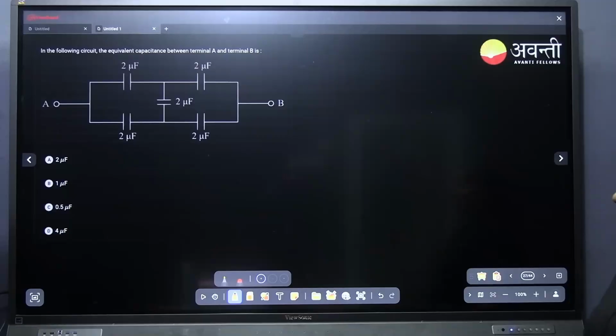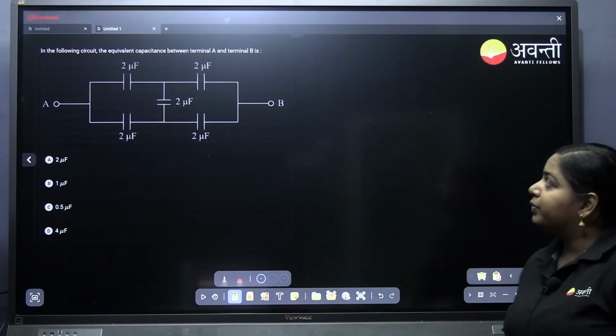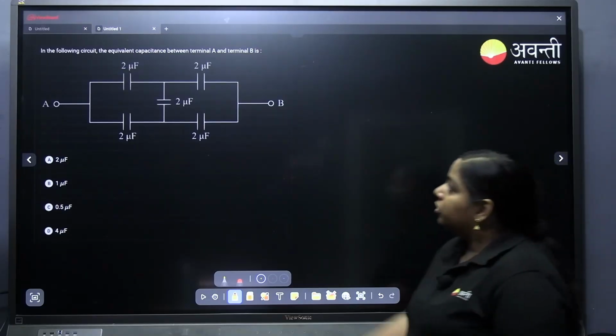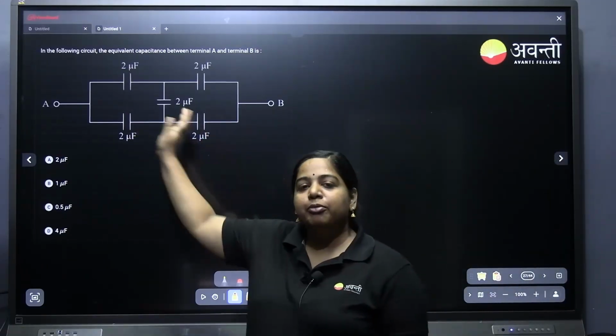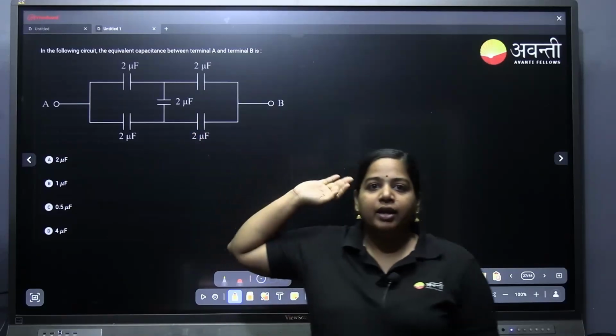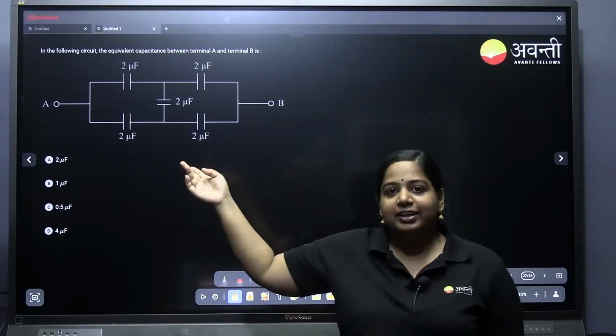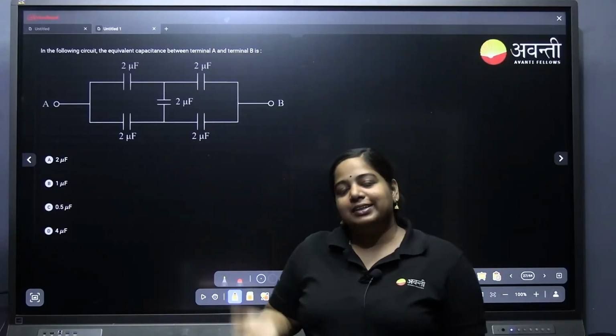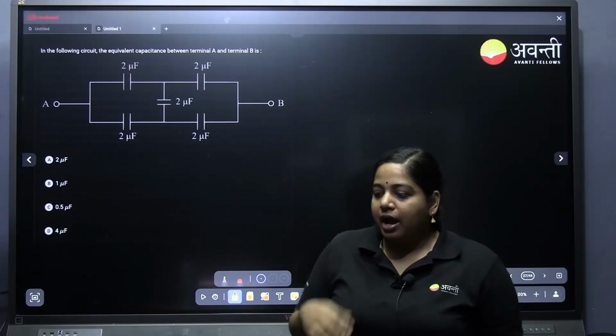In the following circuit, equivalent capacitance between terminal A and terminal B. Okay. So you can see this type of thing, if it is coming in Wheatstone bridge, like in current electricity, we will assume it as a Wheatstone bridge, right? In capacitance also it is applicable. Why?